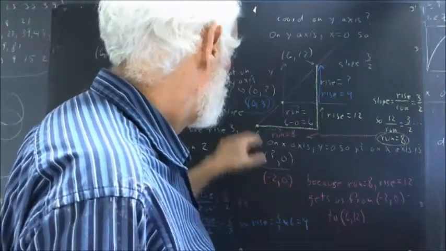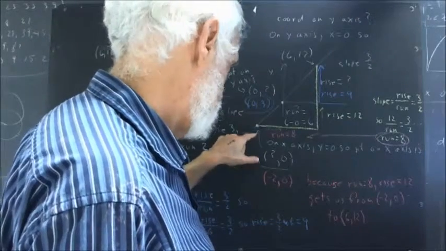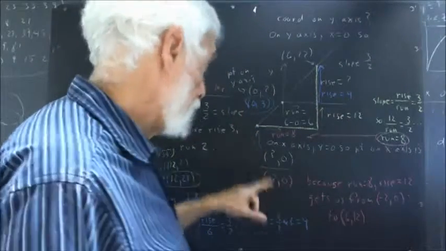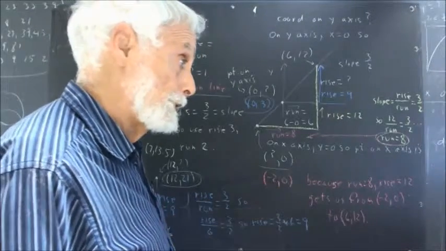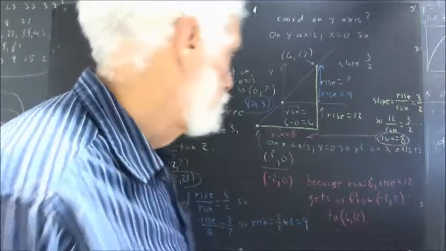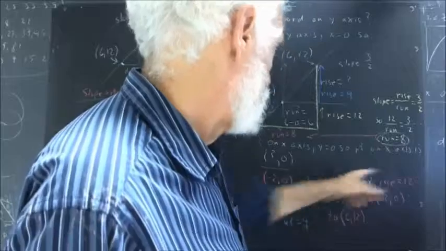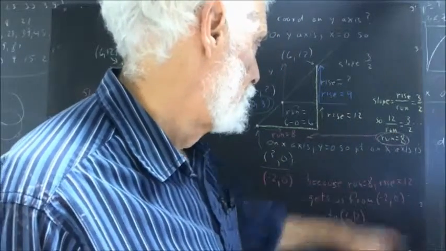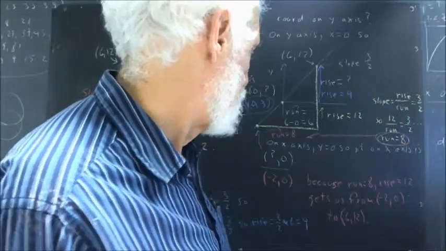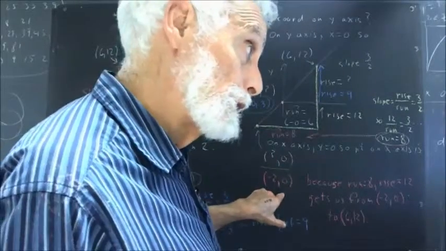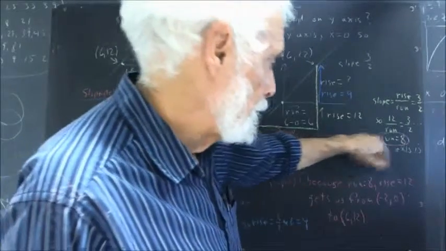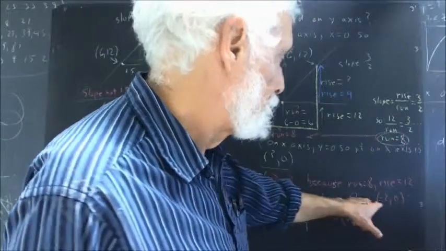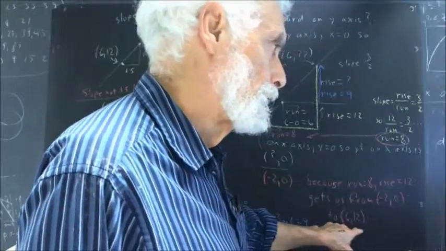So the point on the x-axis is (-2, 0). And I've got a statement here. Because the run is 8, a rise of 12, the point is (-2, 0) because a run of 8 and a rise of 12 gets us from (-2, 0) to (6, 12).